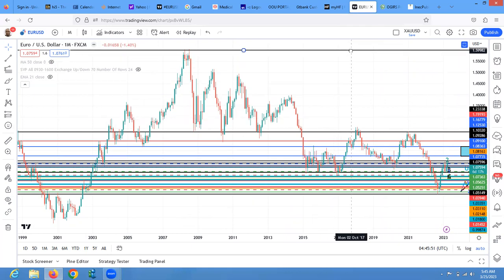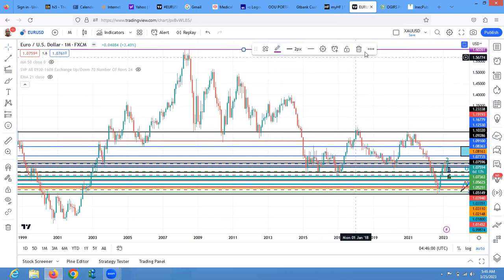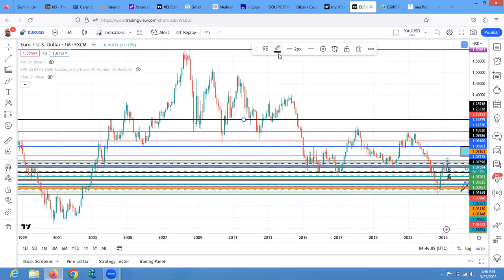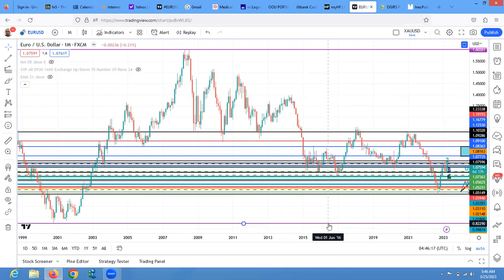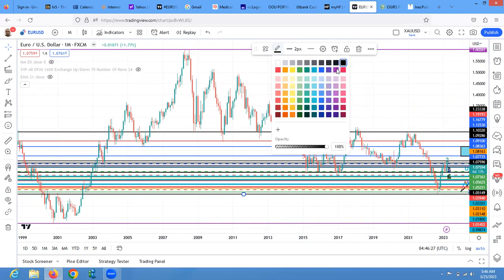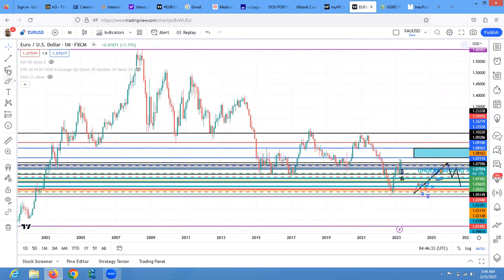Let's take this here, and let's use purple for that. So let's now use the low here as purple to see on the monthly, because we need to see what is playing out here to understand what the price is doing.